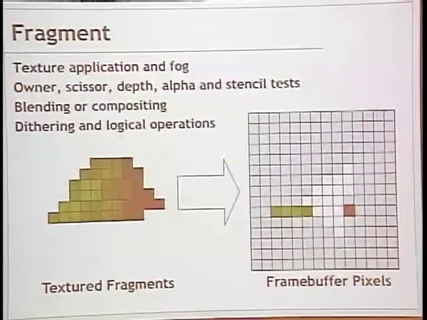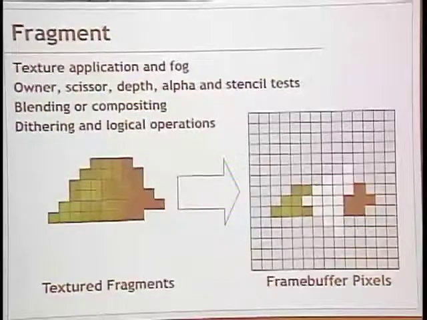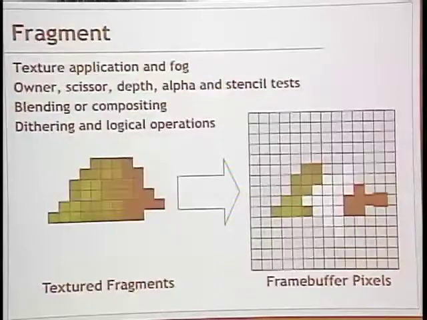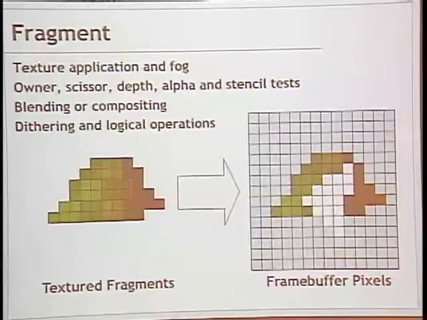It will decide that the white primitive is actually in front of the new primitives that we just rendered, so it's not going to go into the frame buffer where the white thing was, but it will go into the frame buffer at the places where it had a gray background, for instance. There's a few other things that go on here. If you have partially transparent things, then it will blend them into the frame buffer. So if you have a piece of red cellophane over a piece of green cellophane, then it will blend those together and get some sort of shade of ugly brown or something.